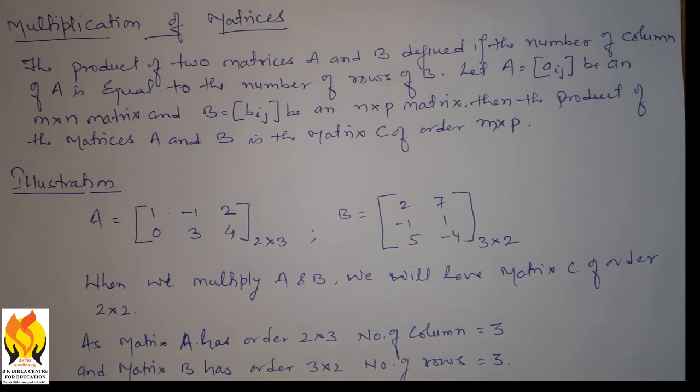That means matrix A has an order 2 cross 3, so the number of columns is 3. And matrix B has an order 3 by 2, so the number of rows is 3. Hence, the number of columns of matrix A is equal to the number of rows of matrix B. That means the product is defined. If the product is defined, then we have resultant matrix C of order 2 by 2 in this case.